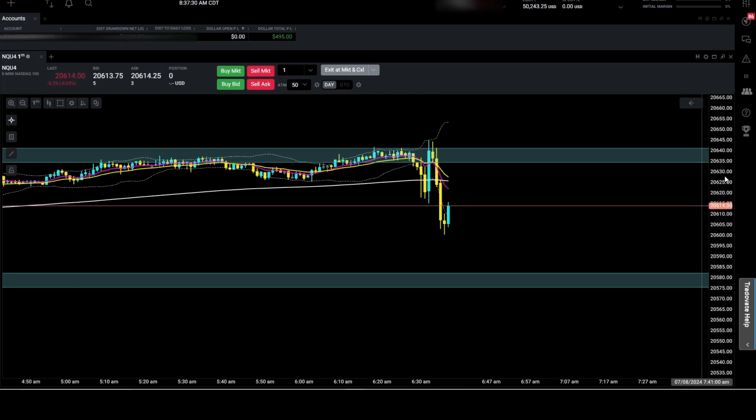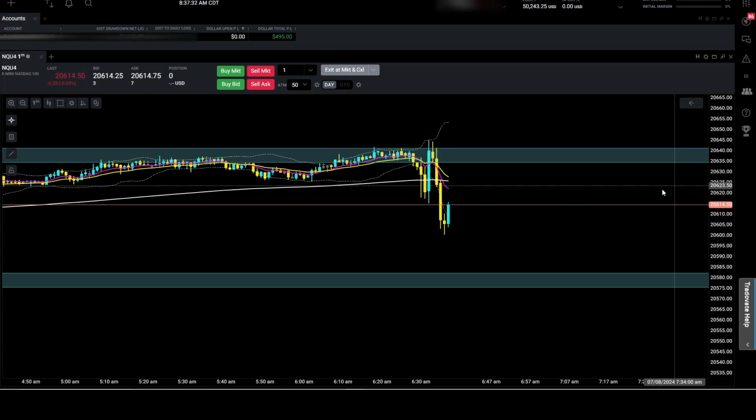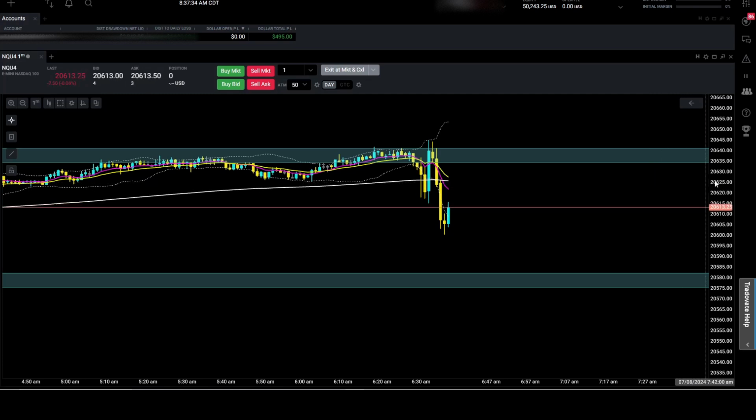Pretty nice trade. Now we might sit back for a while, make sure I don't get too greedy, and just be patient. Look for something else.